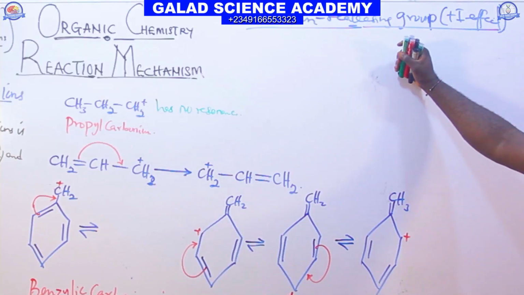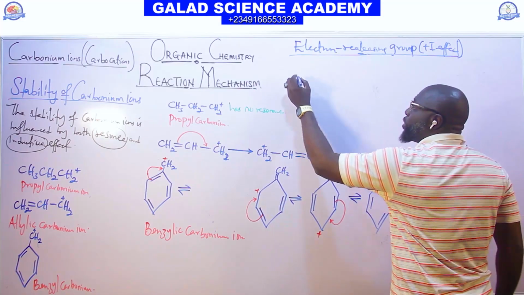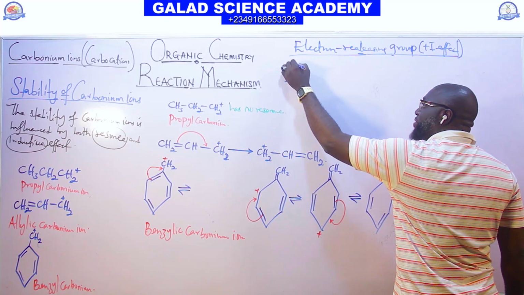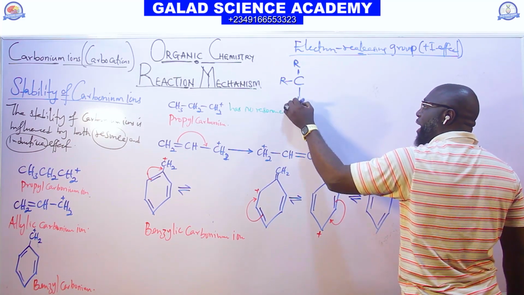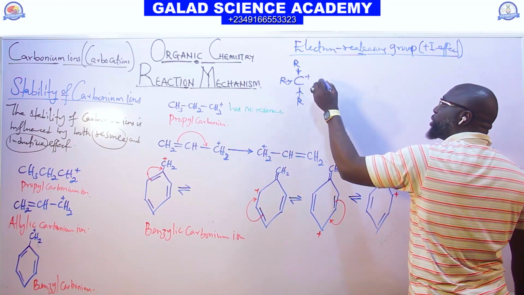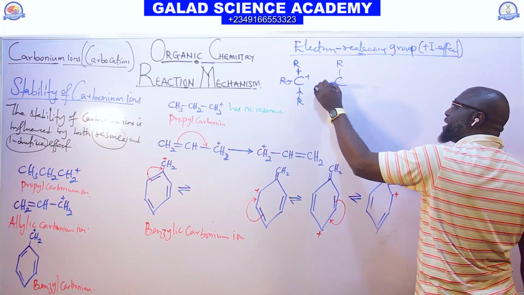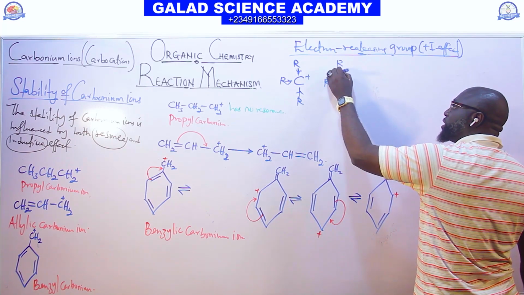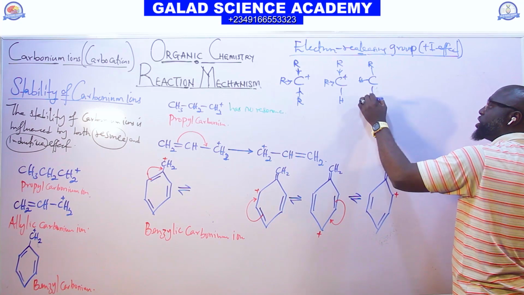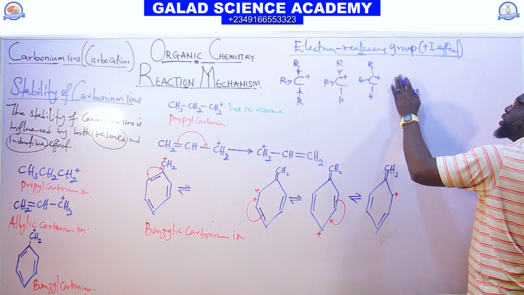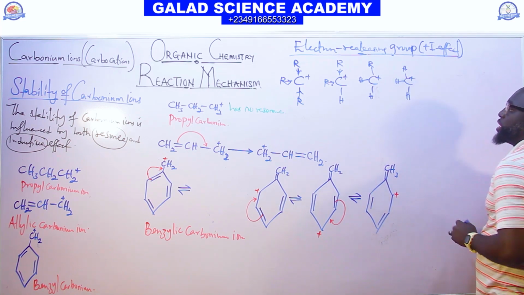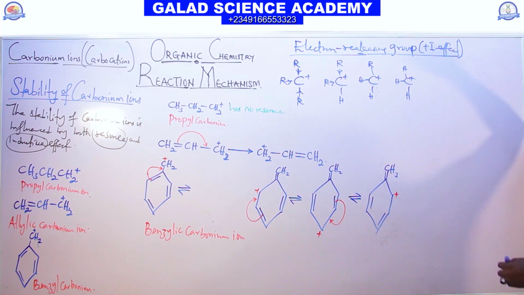So in this aspect, it's just like we have a carbon atom that has an alkyl group and an alkyl group here. They are releasing electrons to the carbon like this, and we have a carbonium ion here. Another carbon like this, where we have still the secondary carbonium ion, and another carbon where we have alkyl, H, H, and another carbon with H, H, H. You are now asked which of these is more stable.